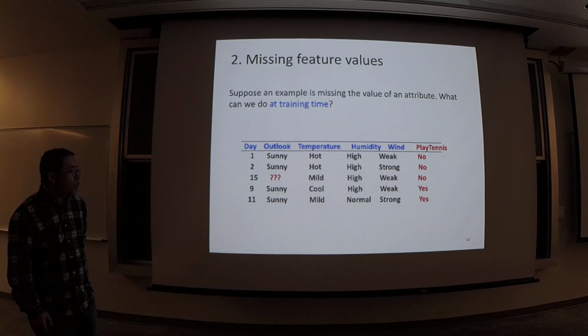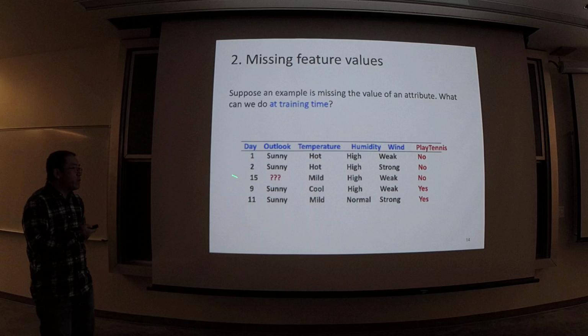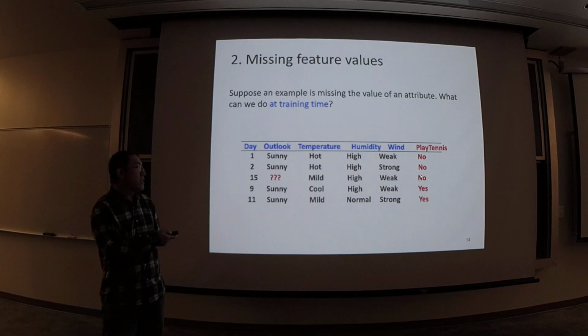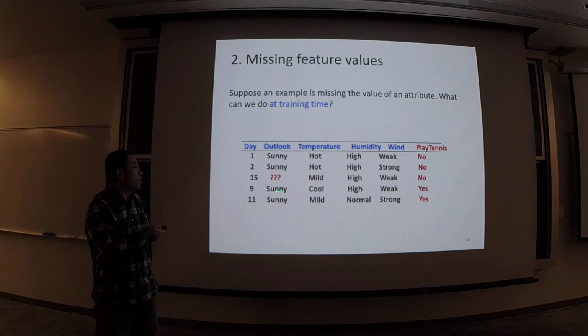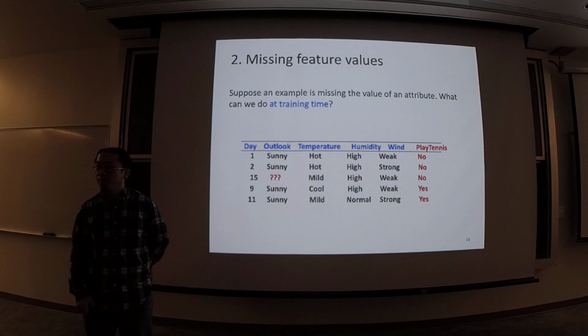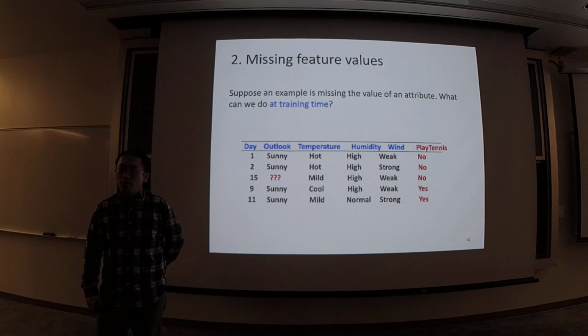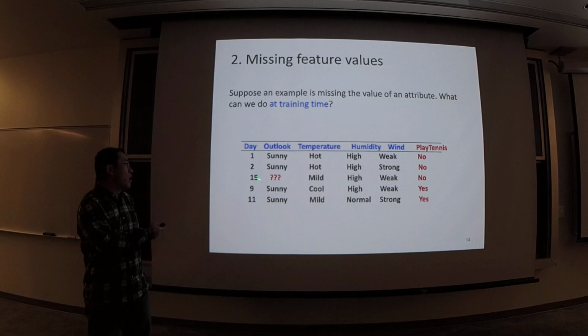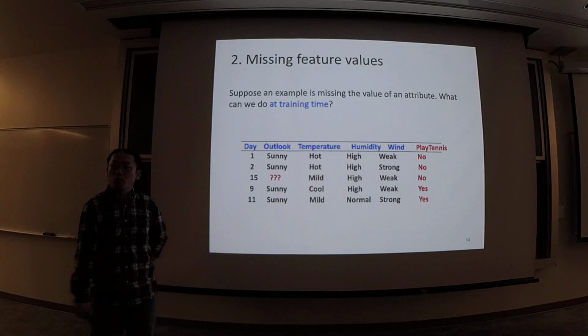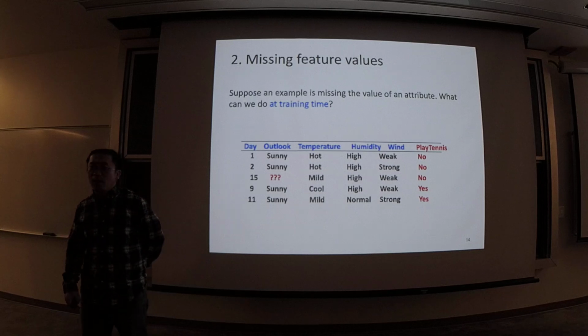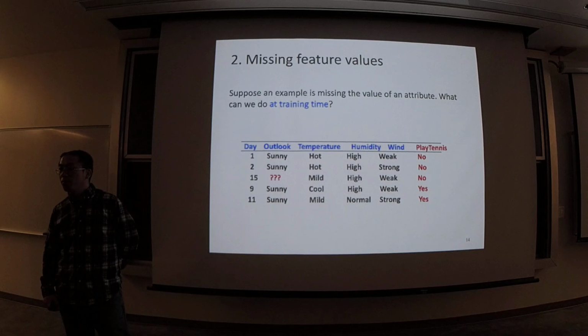But now suppose I received a 15th example, which is a negative example, meaning that on that day I refuse to play tennis. But I don't know the outlook of that day. So although the outlook feature is missing, I still view this as a valuable training example I want to incorporate into my decision tree learning.